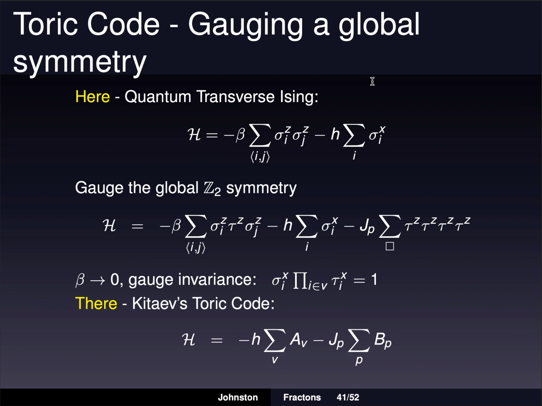The toric code Hamiltonian looks as if it was just pulled out of thin air to obtain these interesting anyonic properties. But it's actually lurking inside a simple Ising model in 2 dimensions, a quantum Ising model. So if I start with a quantum transverse Ising model, whose Hamiltonian is given by this.